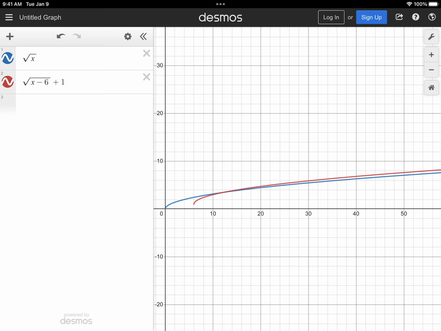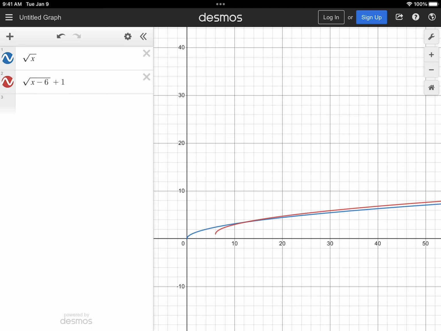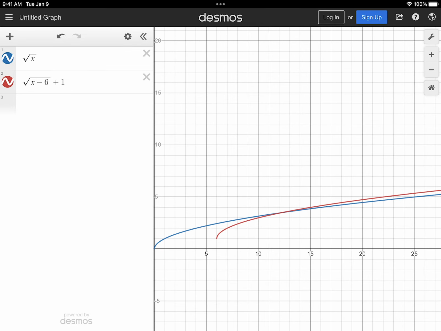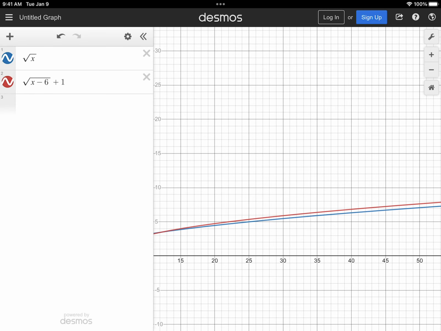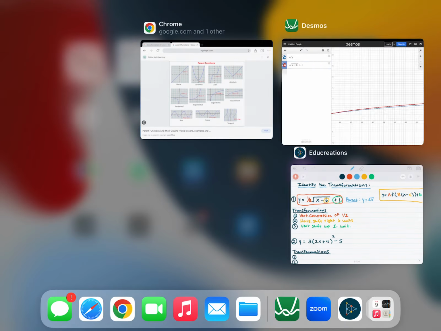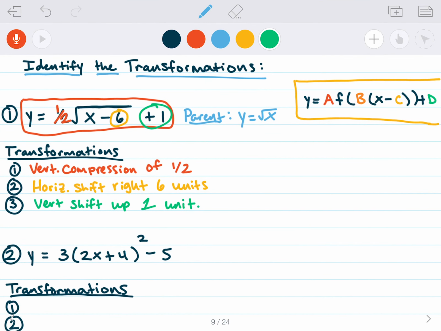Well, then that makes a little bit more sense, right? We're shifting over 6 and we're adding 1 to it. So, these transformations work together to make the entirety of the graph. That is the point I'm trying to make here. All right, cool. So those were the transformations for that guy.